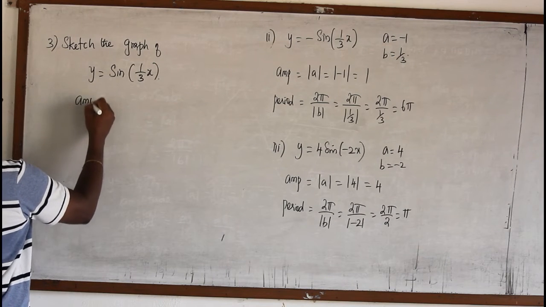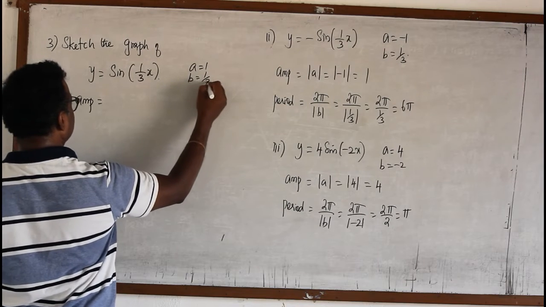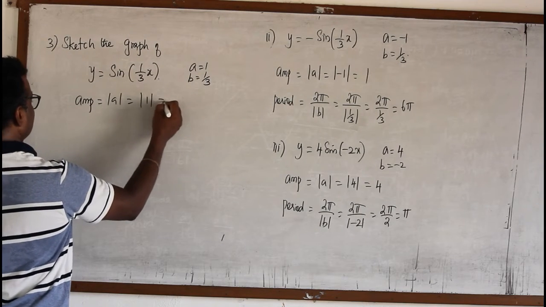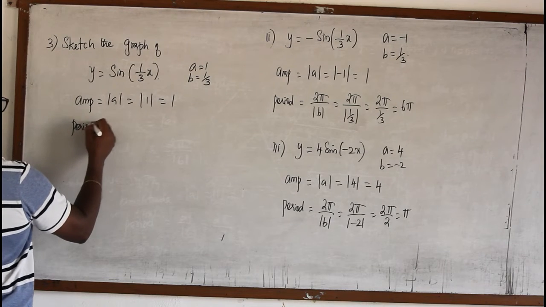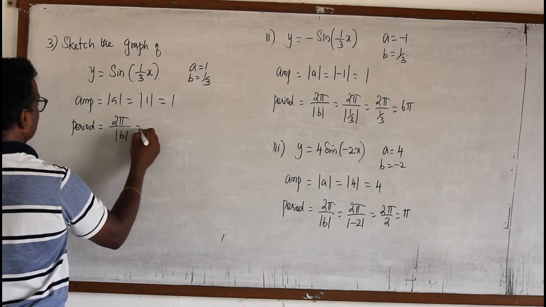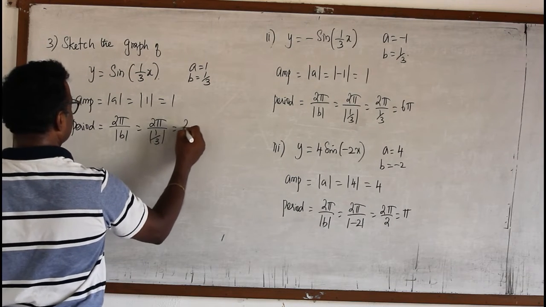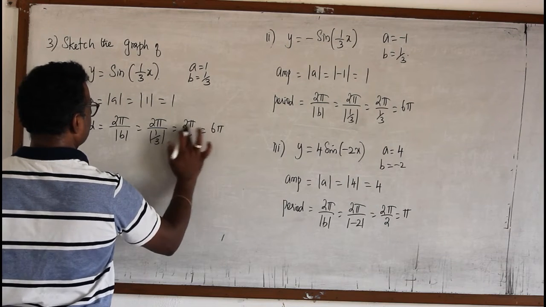Here A equal to 1, B equal to 1 by 3. So amplitude is modulus of A, it is modulus of 1, which is 1. And then period is 2 pi by modulus of B, 2 pi by 1 by 3, it is 6 pi.